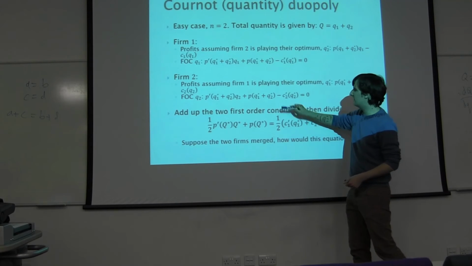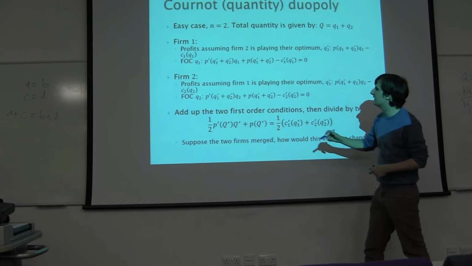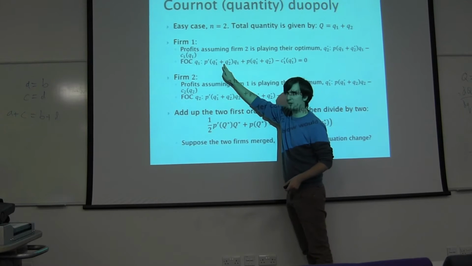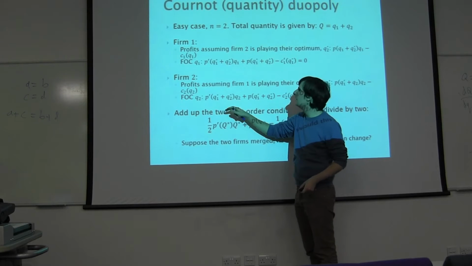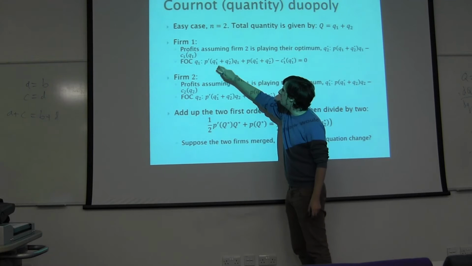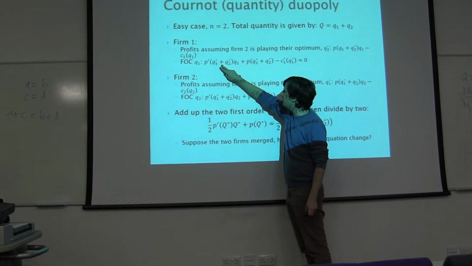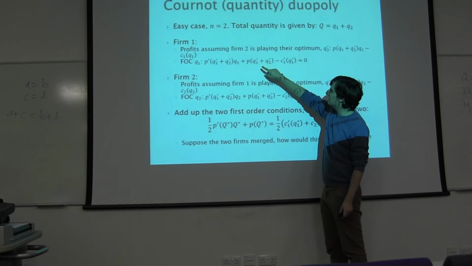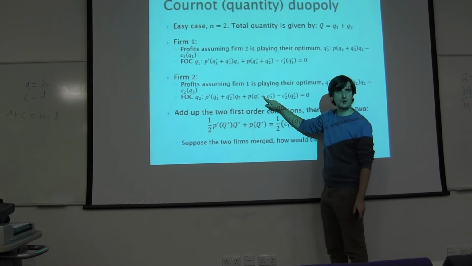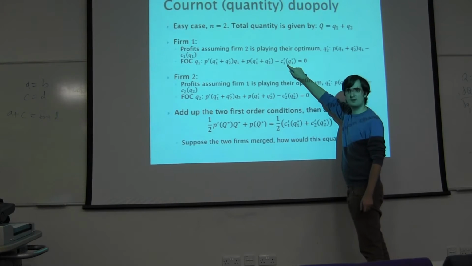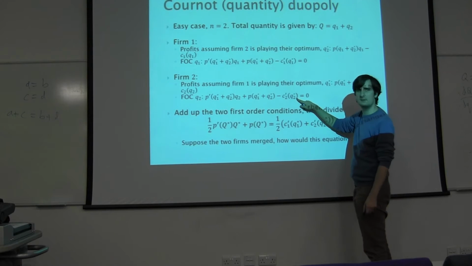So what do we get when we add the two things up? I've done two steps in one. Here we've got P dashed of capital Q, the same in both. Here we've got a Q1 and a Q2, so when we add those together we get a capital Q. Then we get P of capital Q plus P of capital Q, which gives us 2 times P of capital Q, and marginal cost for firm 1 plus marginal cost of firm 2.